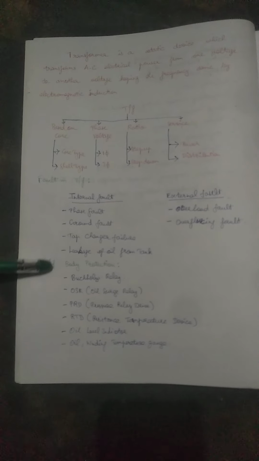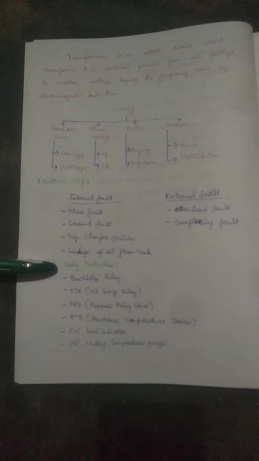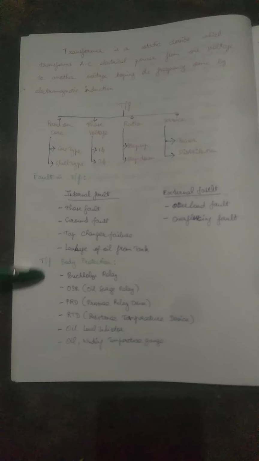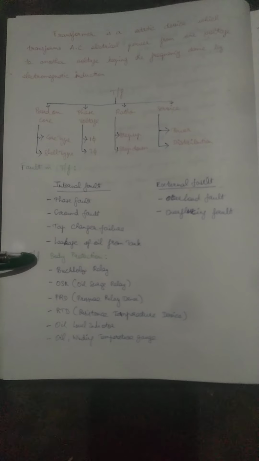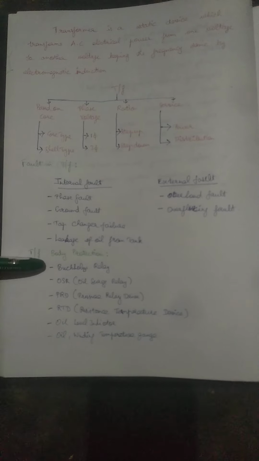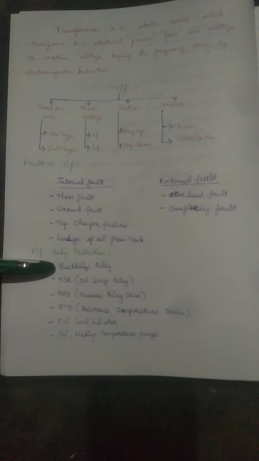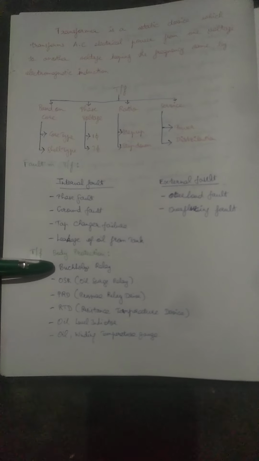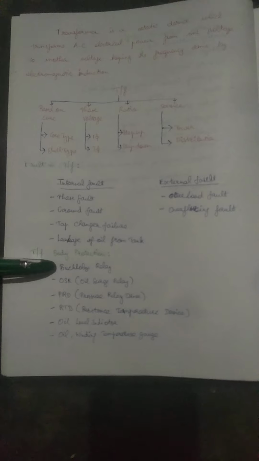Then what are all the body protections, which means the transformer itself has some protections. If the transformer fails, at that time we need to know about the failures. So for that we are using these protections. Buchholz relays, which means a gas operated relay. It will be placed in between the main tank and conservator tank of a transformer.